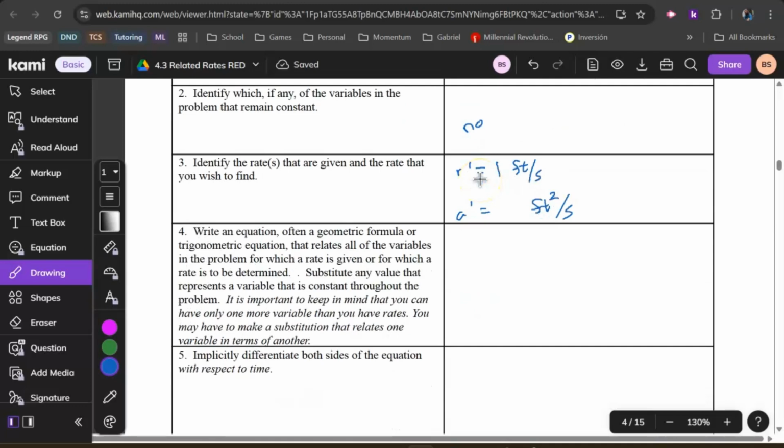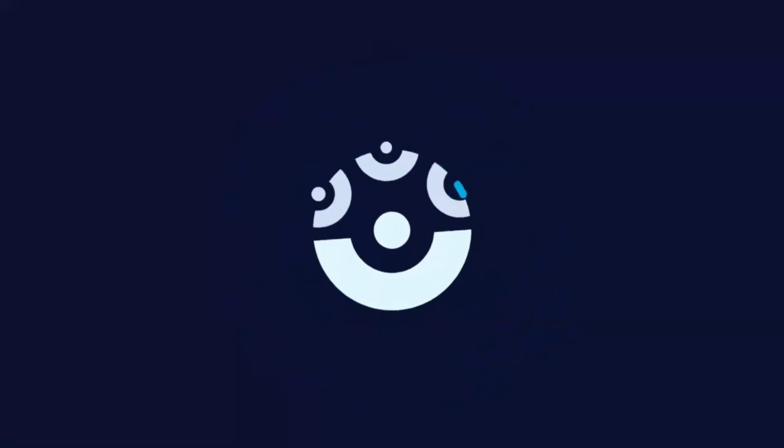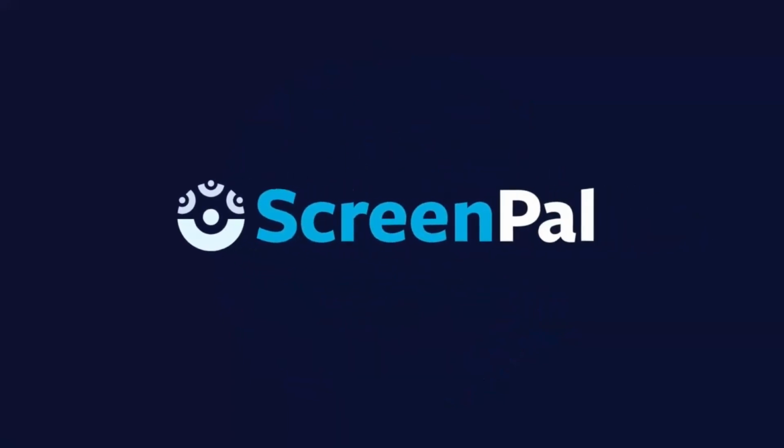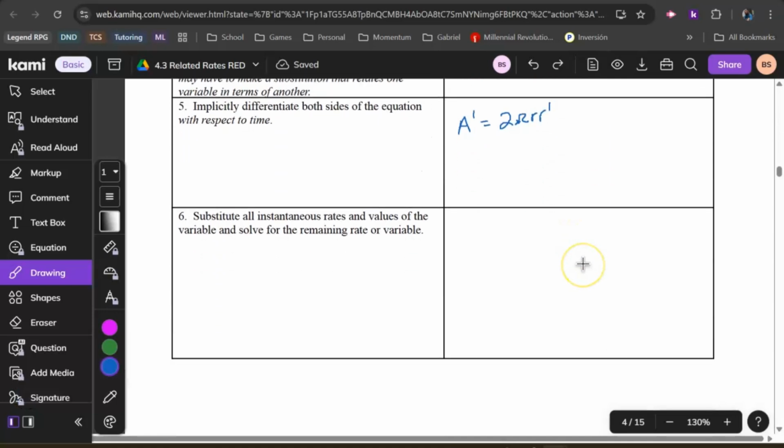Now we need to write an equation for a circle, because that's what relates an area and a radius. So area is going to be pi r squared. So then we can differentiate that, which is a prime equals 2 pi r r prime. And then we're just going to plug in what we know so that we can find that a prime. All right, so then we're going to plug in all the things that we know here.